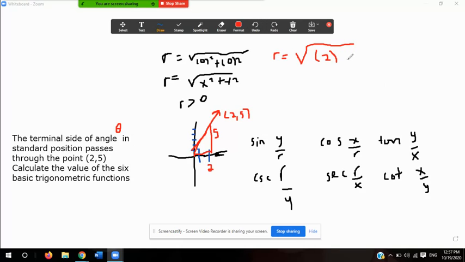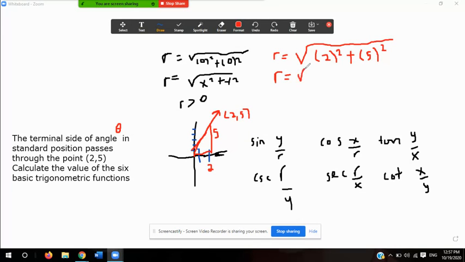Okay, 2 squared plus 5 squared. And that would be the square root of 2 squared, which is 4, and 5 squared is 25.